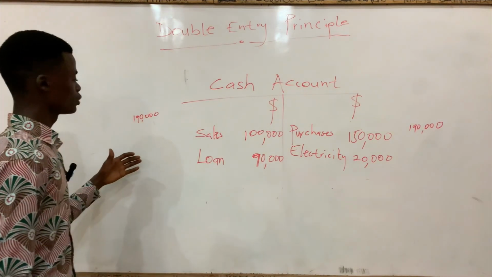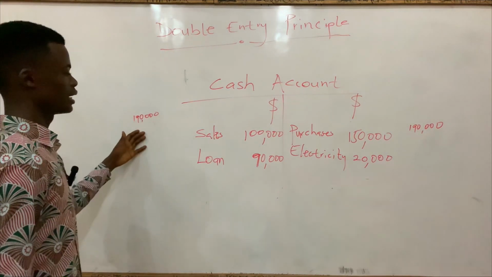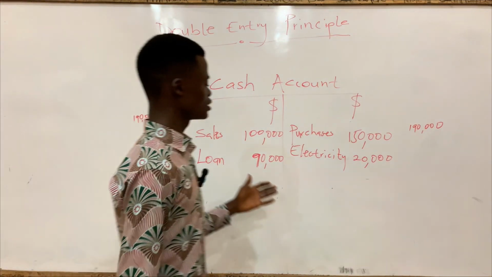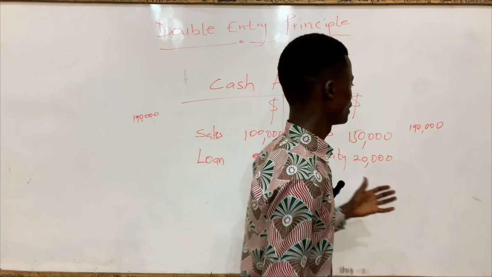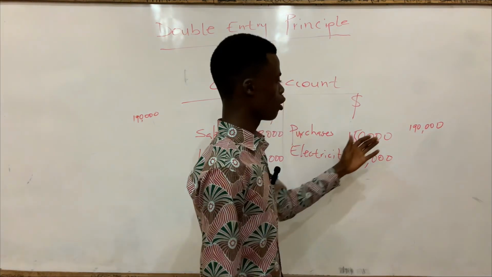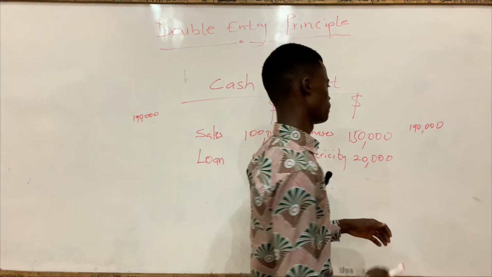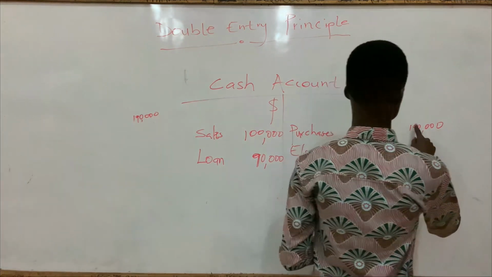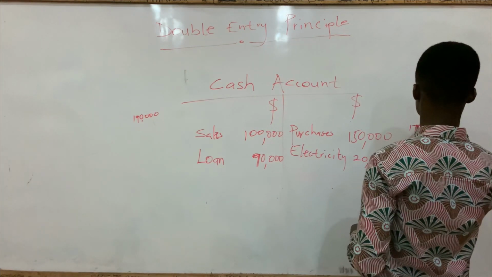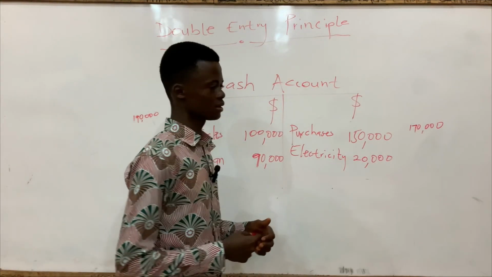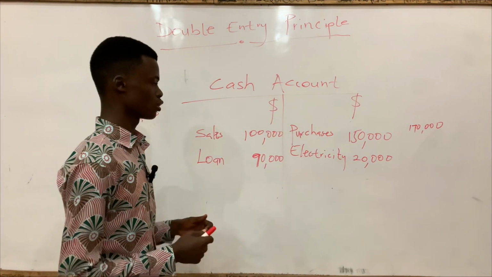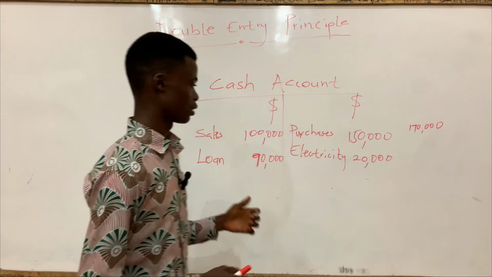Our total debit entries remain $190,000, but since we've taken off the motor expenses, which was $20,000, our total credit entries will no more be $190,000, but $170,000. So our total credit entries is now $170,000. Now we have to close off this cash account.